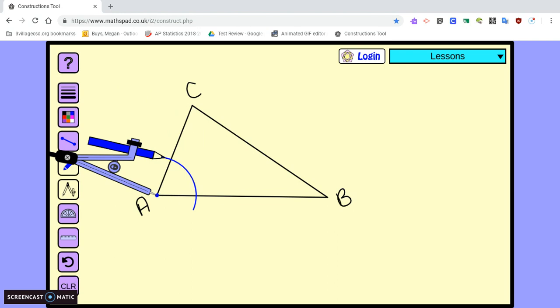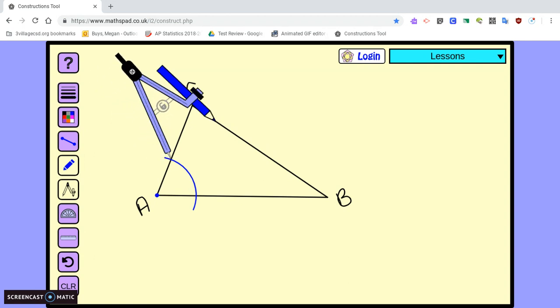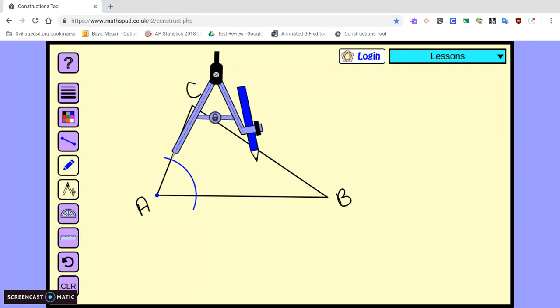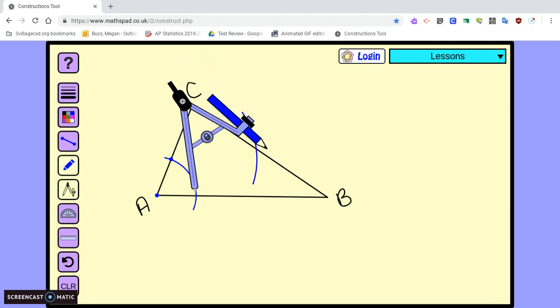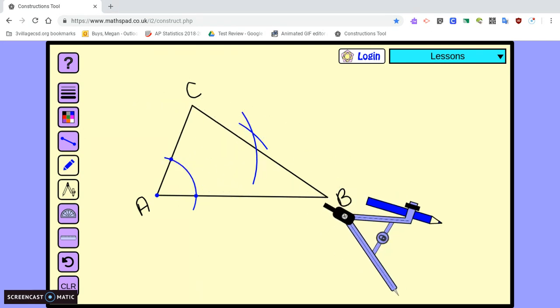Once I do that, I'm going to use those intersection points that we just created. I can change the length if I want to. I don't have to keep it the same. I can if I choose to, but I'm going to make an arc from each of the endpoints. So notice we have a nice clear intersection point.